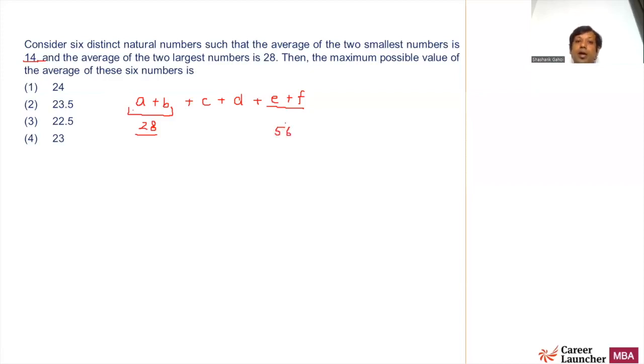Now, I cannot change the sum of A, B, E, and F. But what I can change is the value of C and D. Now, if I'm looking for the maximum possible value of these numbers, it means I'm looking for the maximum possible value of C as well as D. Now, if average of E and F is 28 and numbers cannot be equal, so the maximum value of E and F can be 27 and 29.